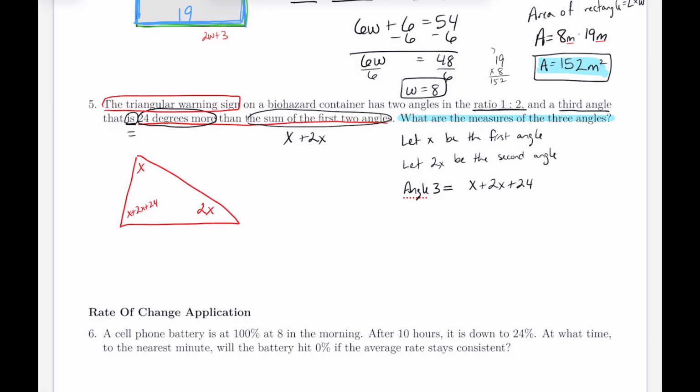Well, what do you know about a triangle? Hopefully, and if you don't know this, now you do, that the sum of the interior angles of a triangle all add up to be 180 degrees. Whenever we're working in Euclidean geometry, which we're going to be working in in this class, don't worry about it.